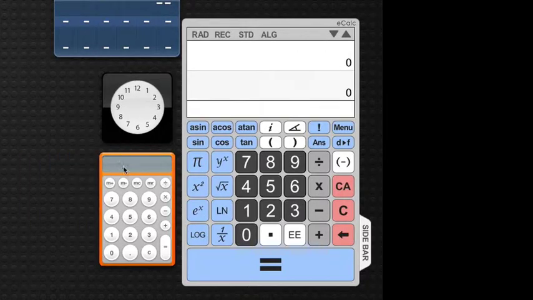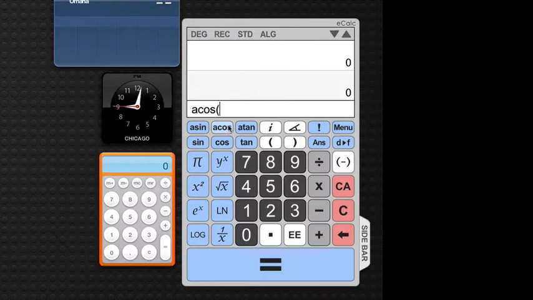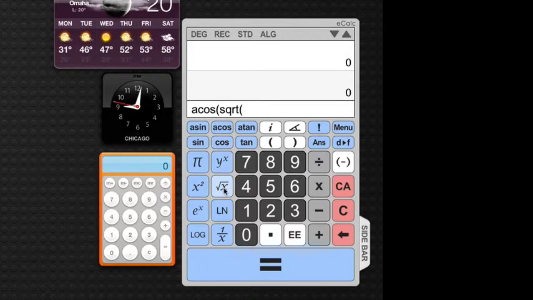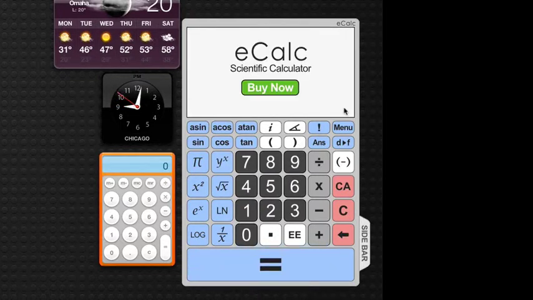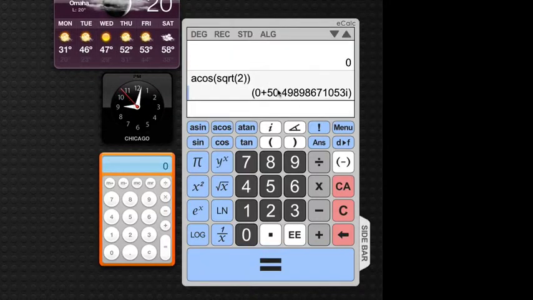So cosine inverse of radical 2, enter. We get a 50.5 degree angle, and we could do cosine inverse of negative radical 2. See, this makes a difference here. So square root 2, enter.